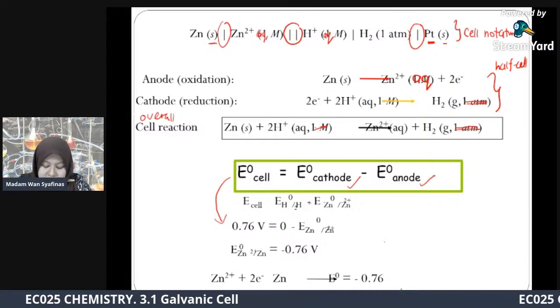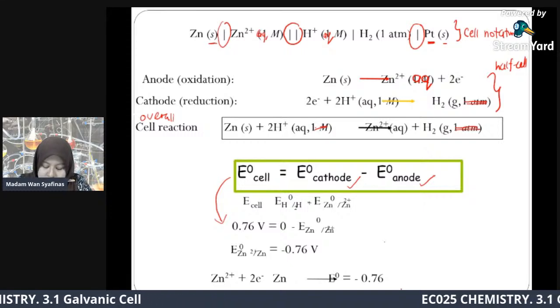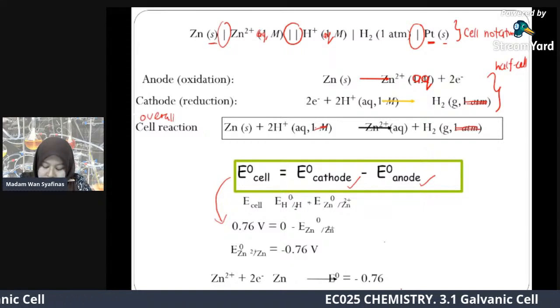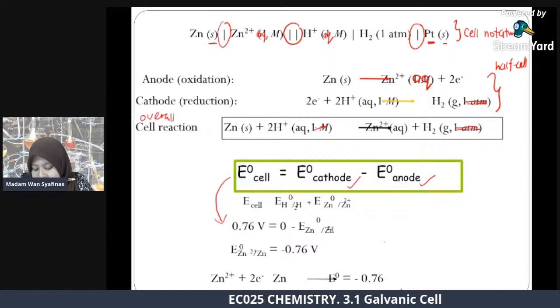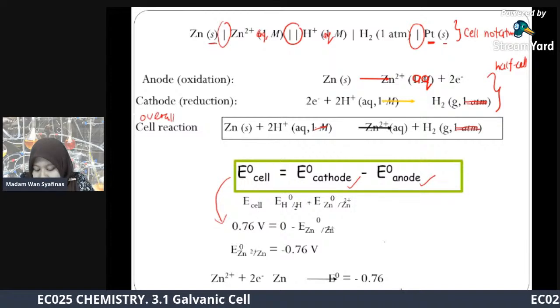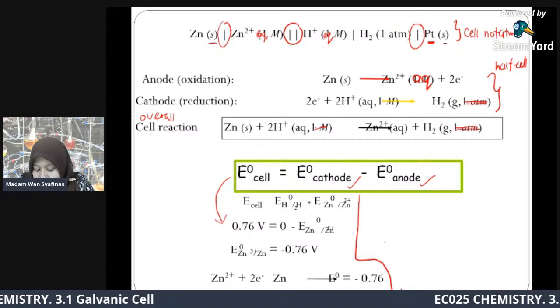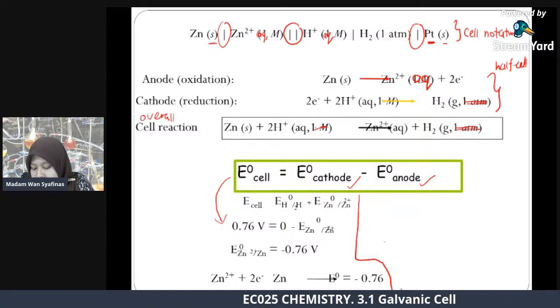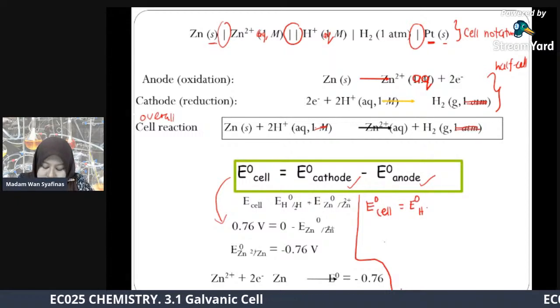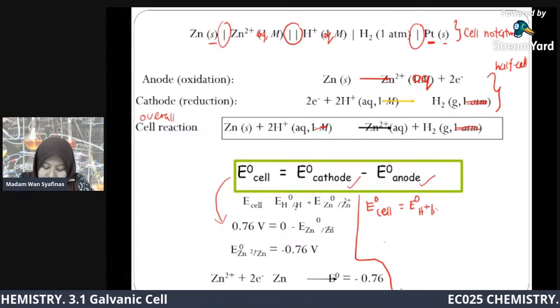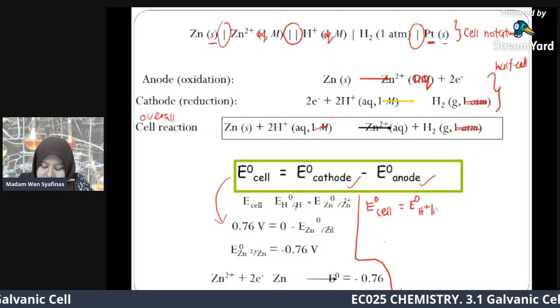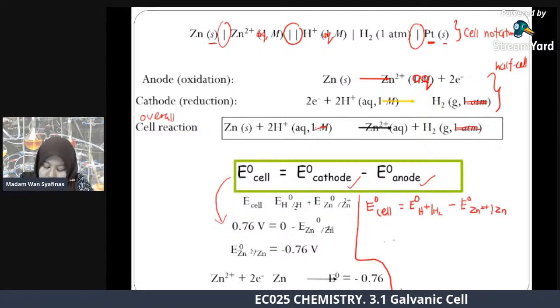Okay, so kalau kamu nak spesifikkan dia kat sini, okay, contoh saya tulis lain lah. So jadi E cell sama dengan cathode dia tadi E H plus H2, so minus E anode dia zinc 2 plus zinc. Okay, so jadi sekarang E cell dia sama dengan positif 0.76 sama dengan H2 nilai dia kosong, so tolak E untuk zinc.